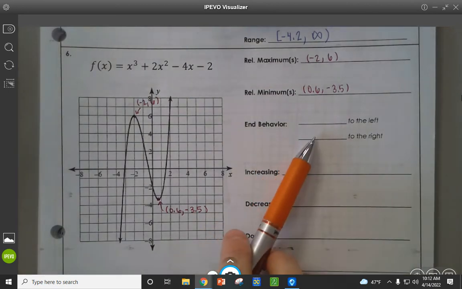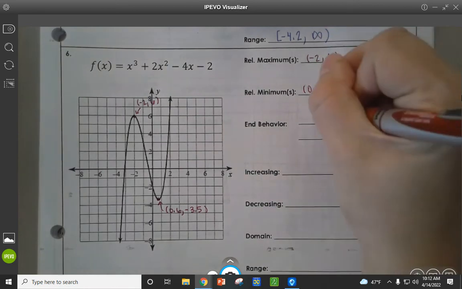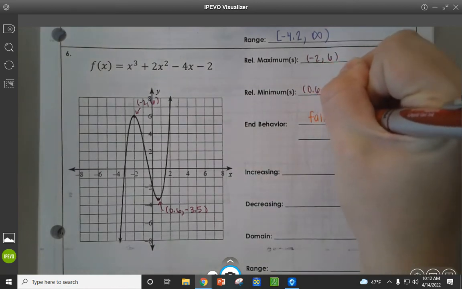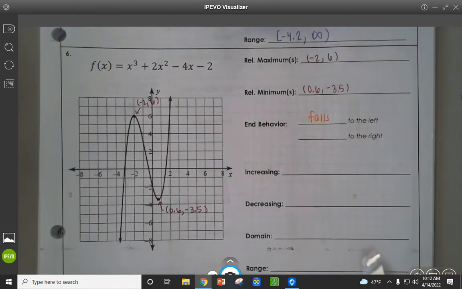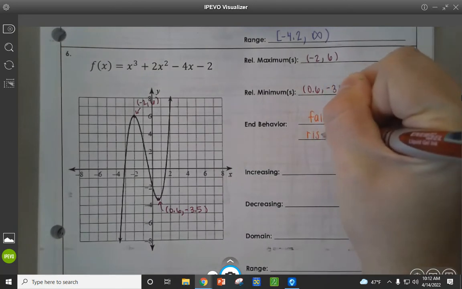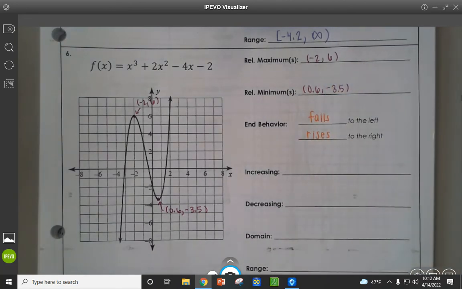End behavior on the left side, falls to the left. Good. What about the right side? Rises to the right. Good. Questions so far?